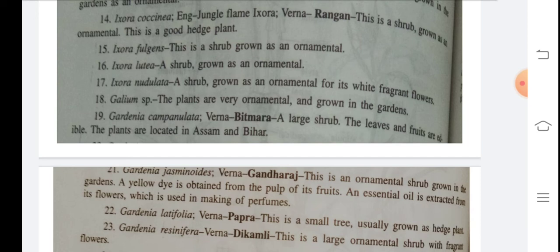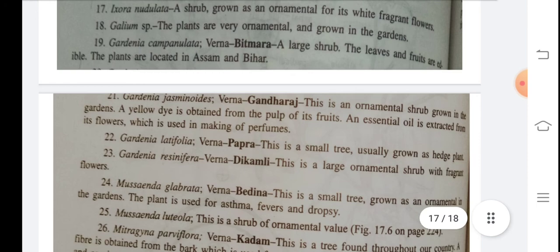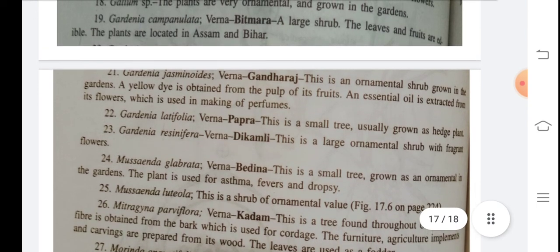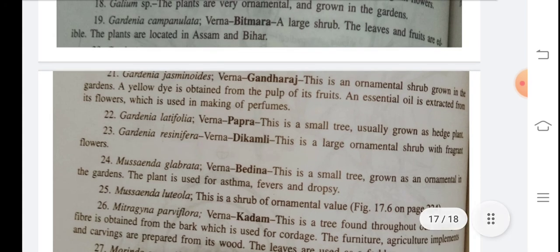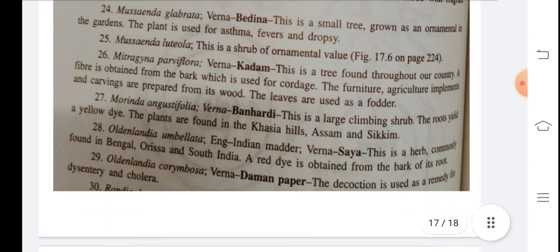It is a gum used for small children or infants at the time of teething. It is generally rubbed on the gums. Then Gardenia latifolia, Gardenia resinifera. So like this, all examples are there.